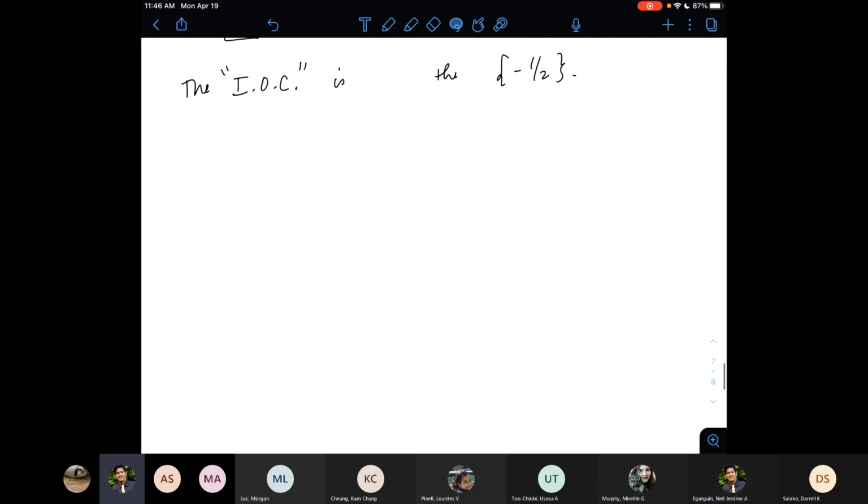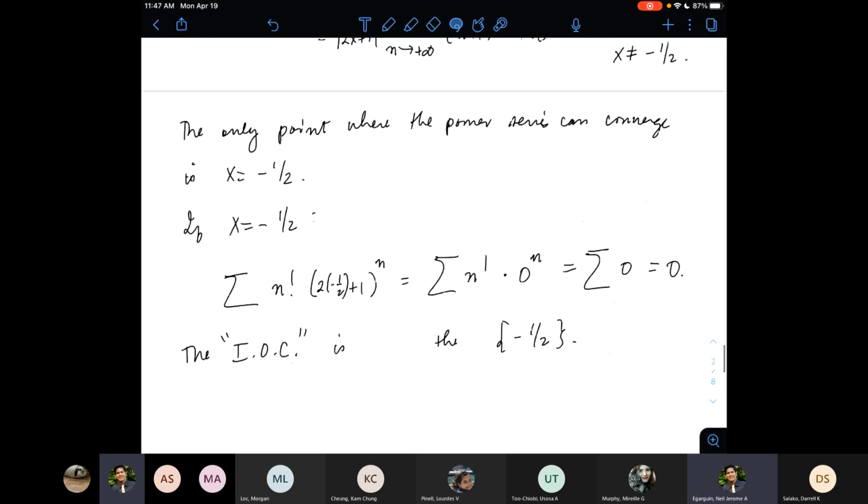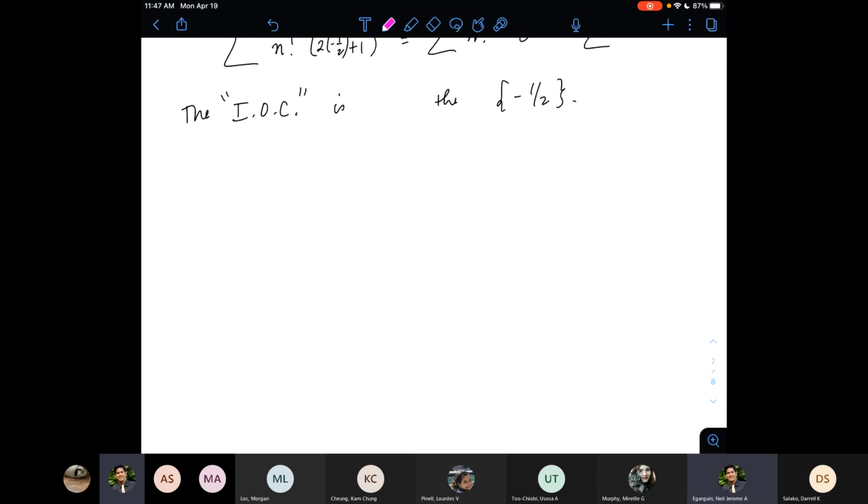Okay. Let's try problem 4. I was thinking to start with power series expansions, but I don't think we'll have time to finish one big example on that. So let's try this one.